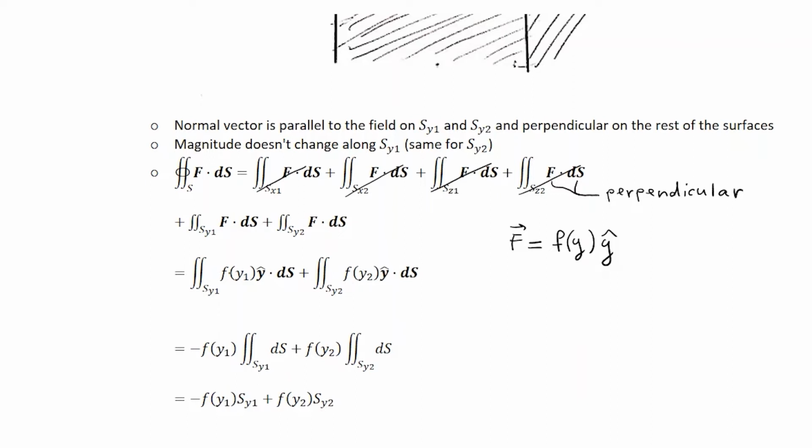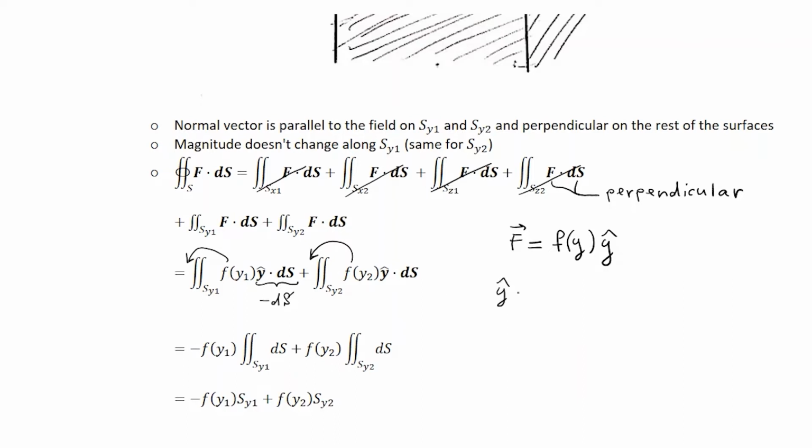Okay. Now, this is a constant, so it comes out of the integral. And the same thing happens here. It comes out of the integral. There is one more thing that's happening, is that this dot product is equal to negative ds, where this is a scalar number. Now let me explain why.